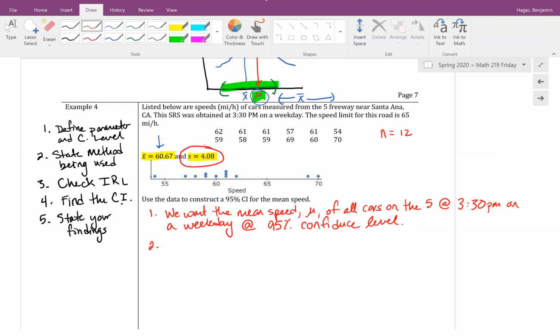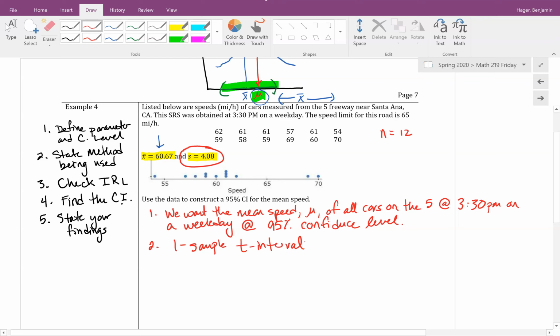That would be the population standard deviation. Since I don't know the population standard deviation, I only know the standard deviation for my sample, I'm using a T distribution, okay, or a T interval. So we're going to use a 1 sample T interval.